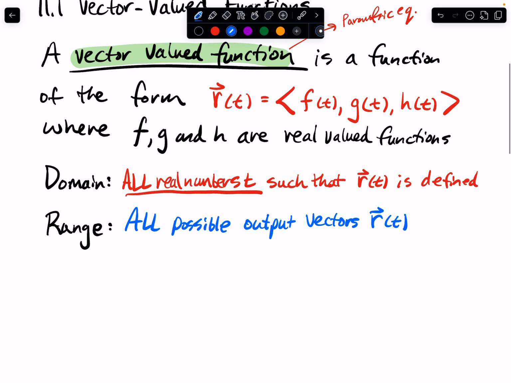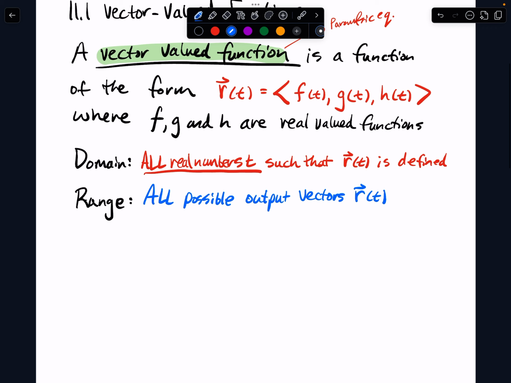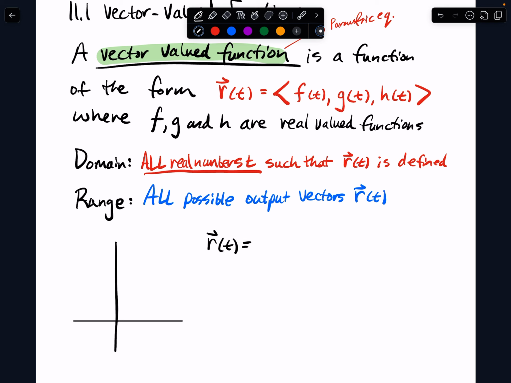So that's the domain and range of a vector valued function. So let's just take a graph here, right? And say we have r of t equals, and we'll just talk about in two space, t comma t squared. Okay, this is a vector valued function.